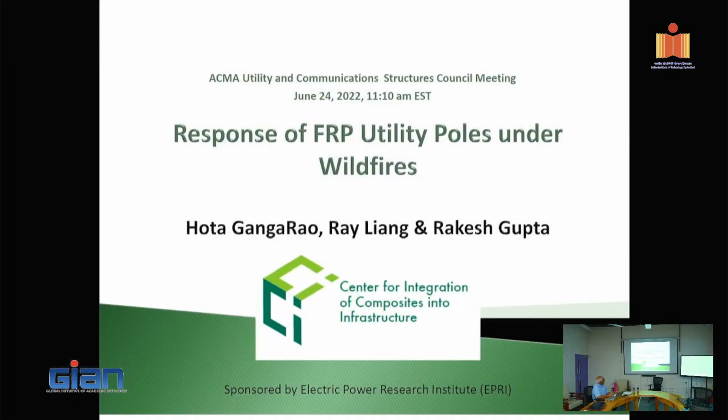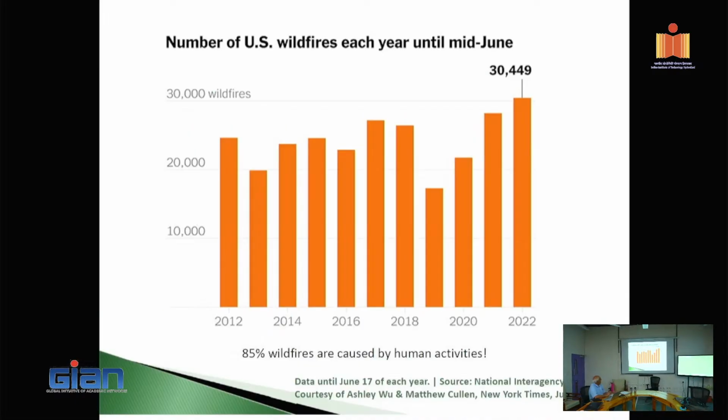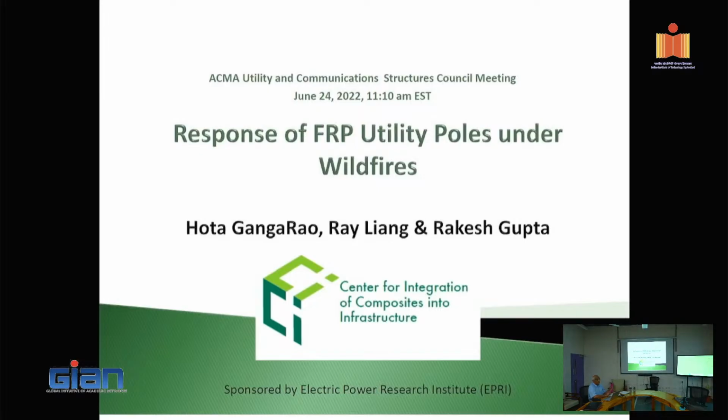First of all, I'll show you some numbers. We develop composite utility poles that are about 20 to 24 inches in diameter.